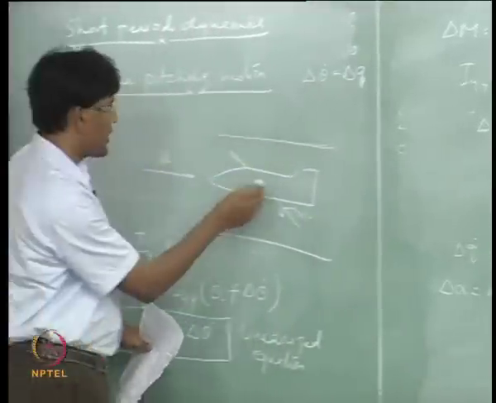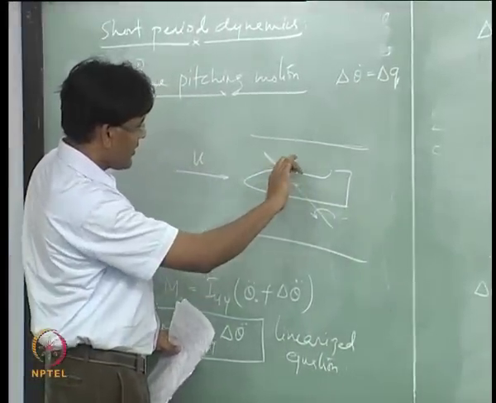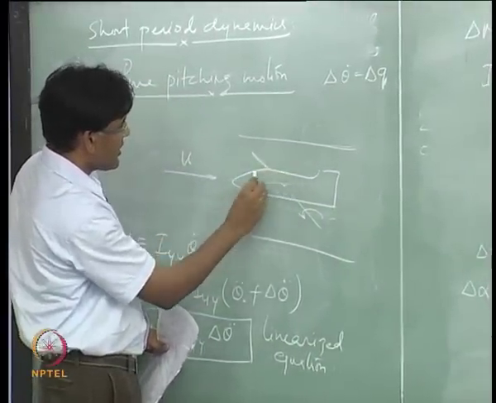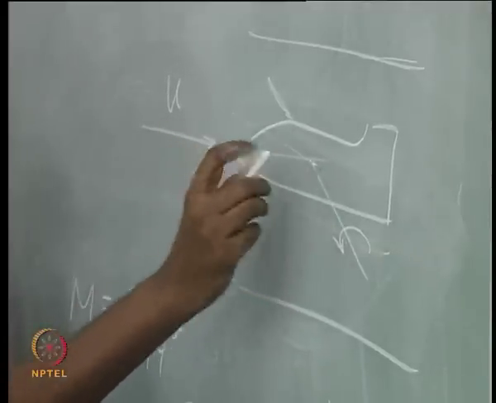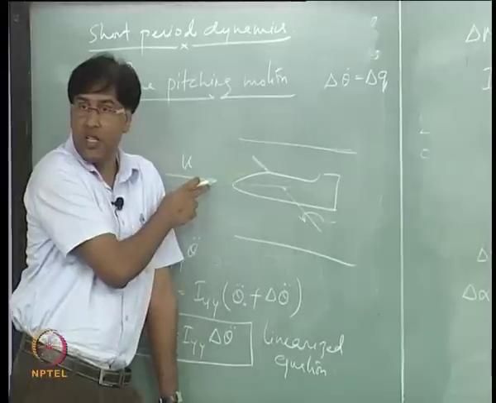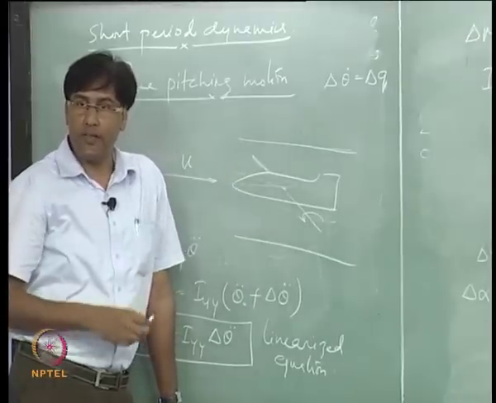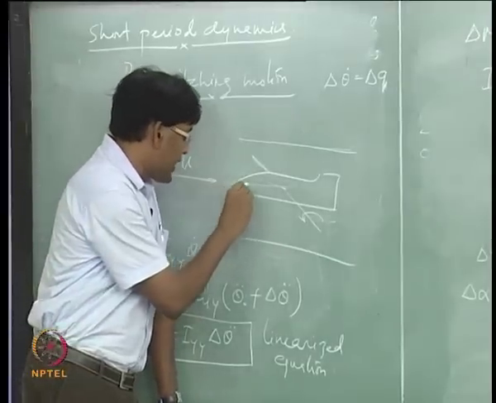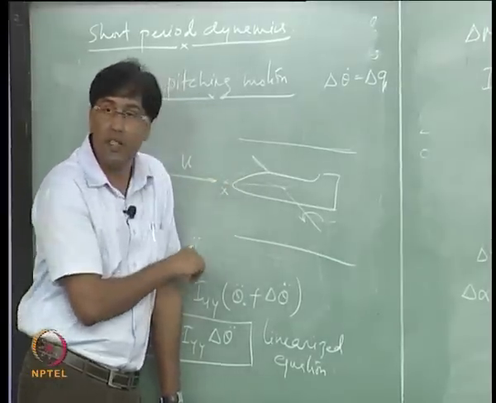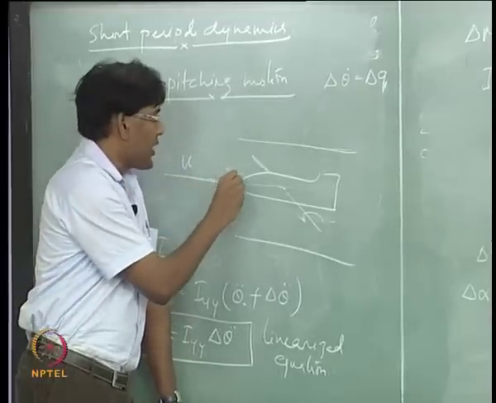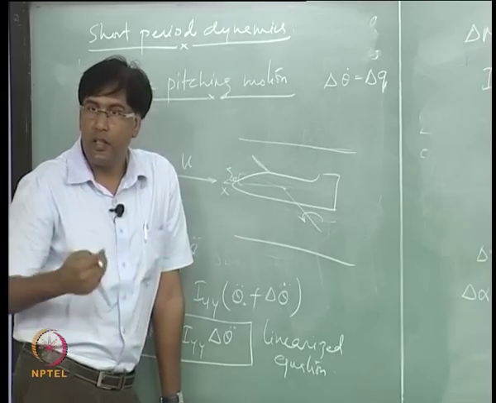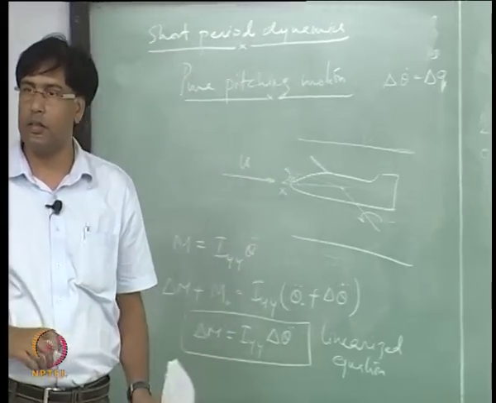Look at this: if there is a pitch introduced, then the x axis of the aircraft will start making an angle with this velocity vector, which will give the delta alpha, and because initially it was aligned with the x axis of the earth fixed frame, there is also going to be delta theta.